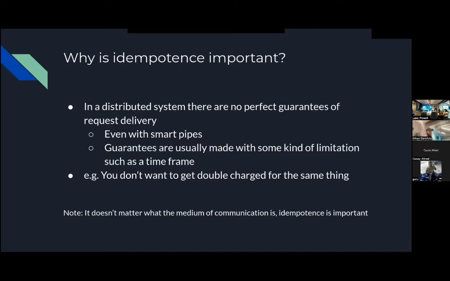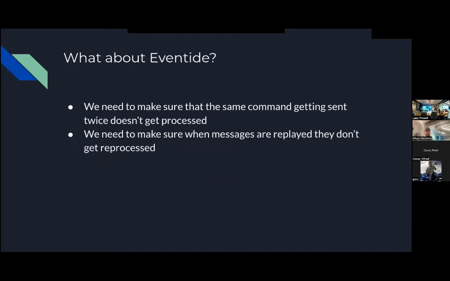So, thanks for that. We already kind of talked about it, but what about Eventide? That's kind of what we were talking about, the technology. Why do we care? Well, we need to make sure that in the case of a command getting sent twice, it doesn't get processed twice if it matters, which it probably does, right?